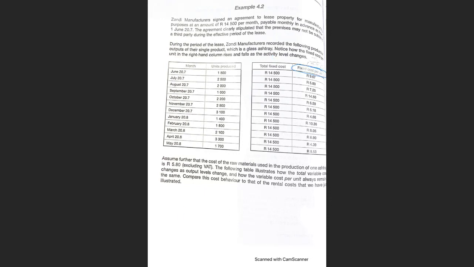Remember, and I explained this to you in the last lecture as well, anything per unit is calculated as the total divided by the number of units. So in this case, it's a fixed cost, so it's the total fixed cost divided by the number of units produced.